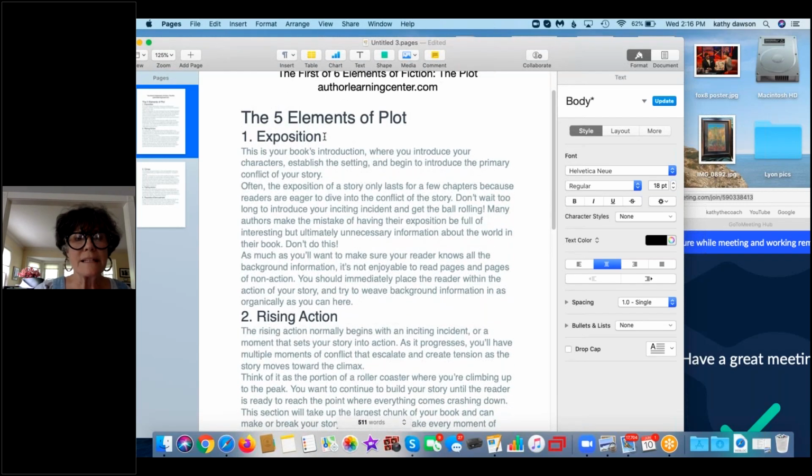The first element is called exposition. And this is basically your book's introduction. It's where the author introduces the setting, introduces some of the characters. And I just got done reading this book called The Last List of Miss Judith Pratt.